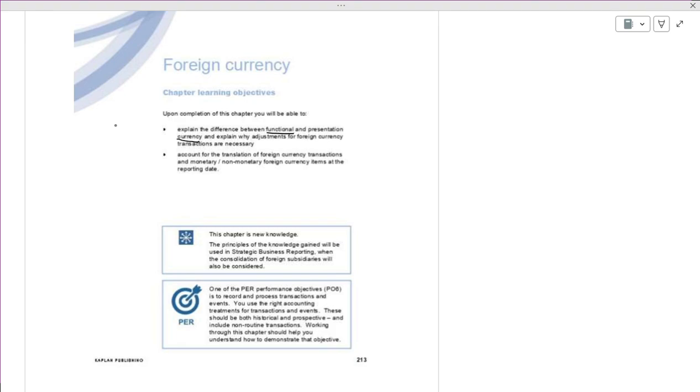What is the difference between functional currency and presentation currency? You take the Omani Riyal, and you will have dollars. Anything you are doing, you will convert it into dollars. That is where we are making the transaction. What happens? There is a translation, a translation exposure. You have monetary assets and non-monetary items in foreign currency terms.